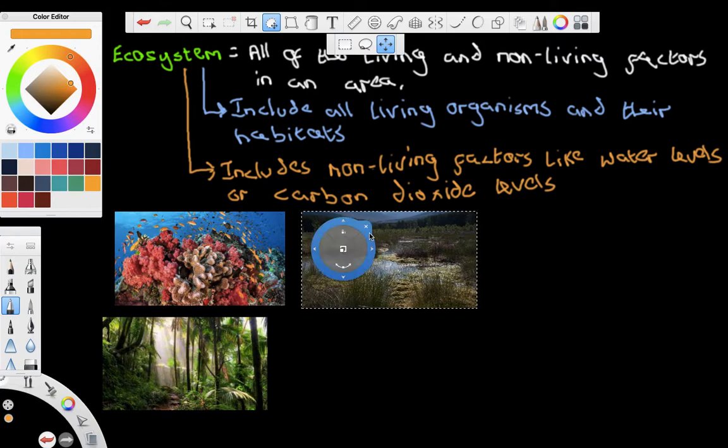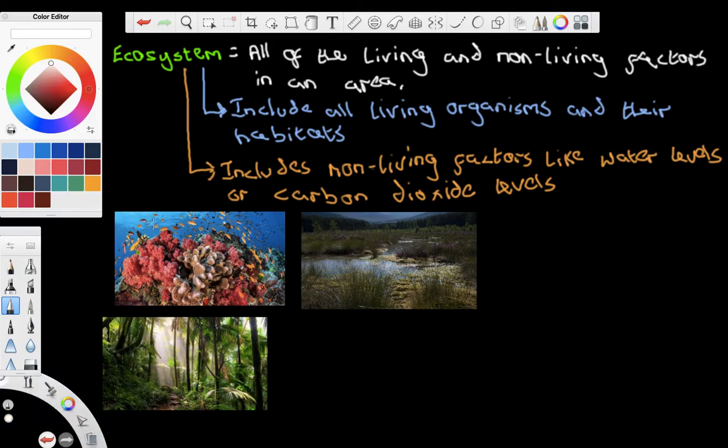ecosystems. So the best way for me to do this is to just write over the top of them what they are. So this is a coral reef. This is the rainforest, and these are wetlands.